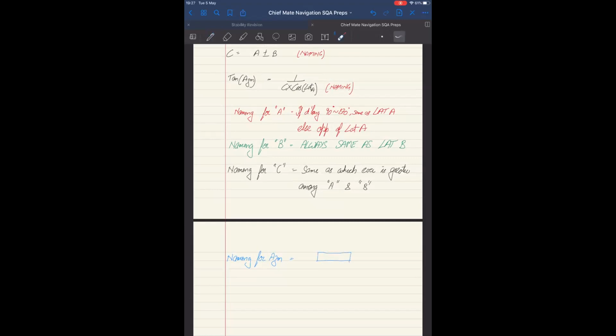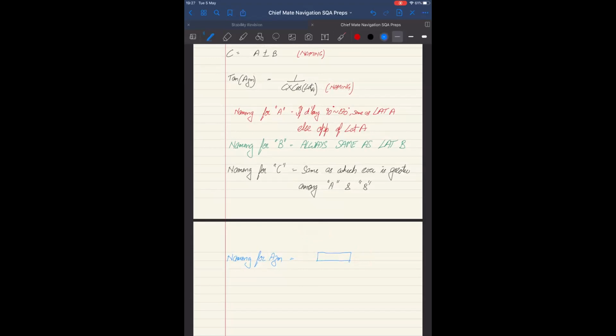We need to name azimuth north or south over here, and east or west over here. Whatever is the naming for C comes here. If C is north, it comes north. If C is south, this comes as south.